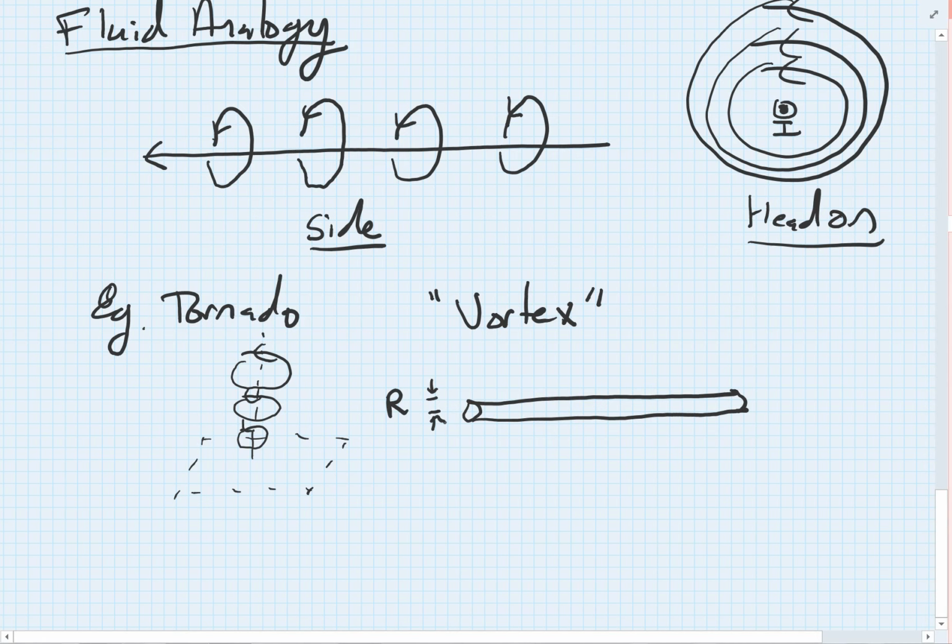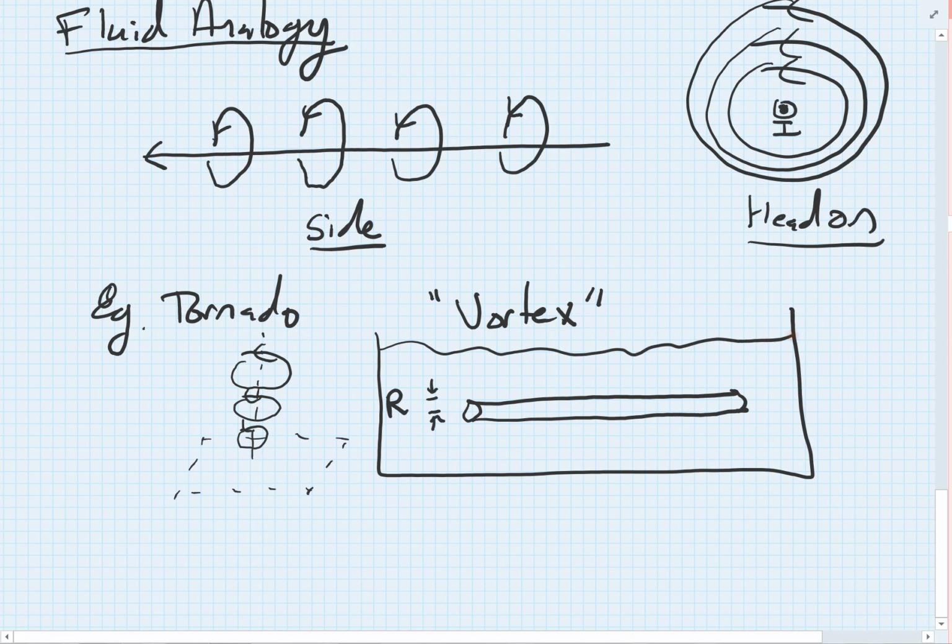And it turns out that if I set this wire into my tank of fluid, so here I'm going to draw my fluid tank, like so, I set it into that tank of fluid, and I set the wire rotating around with a special angular frequency, omega. Remember the rotation frequency.